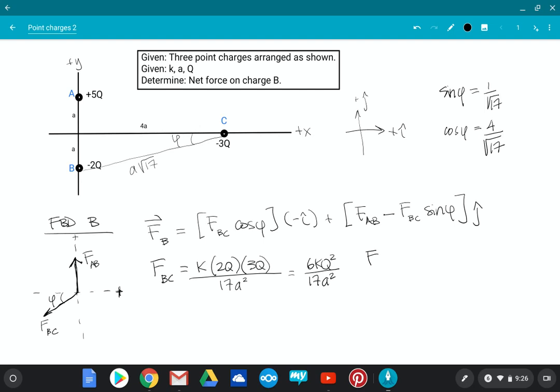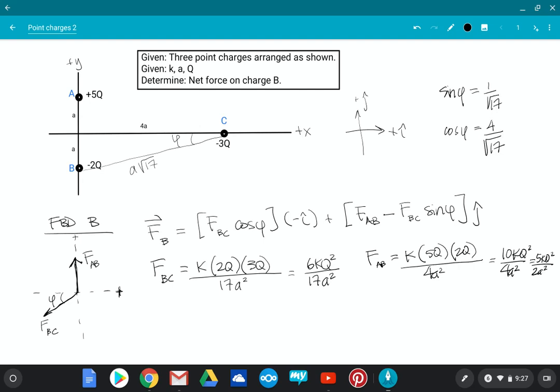And now let me find the magnitude of the force between particle A and B. Charge A has a magnitude 5Q. Charge B has a magnitude 2Q. The distance between them is 2A, so that gives me 4A squared. This is then going to be 10kQ squared over 4A squared, which we can bring down to 5kQ squared over 2A squared.